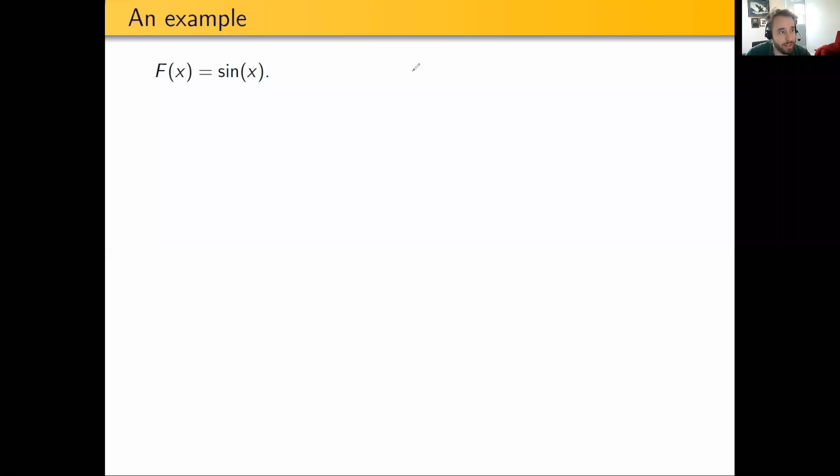So to do this, we need to figure out a nice pattern for how to calculate the derivatives of this function at a equals 0, right?